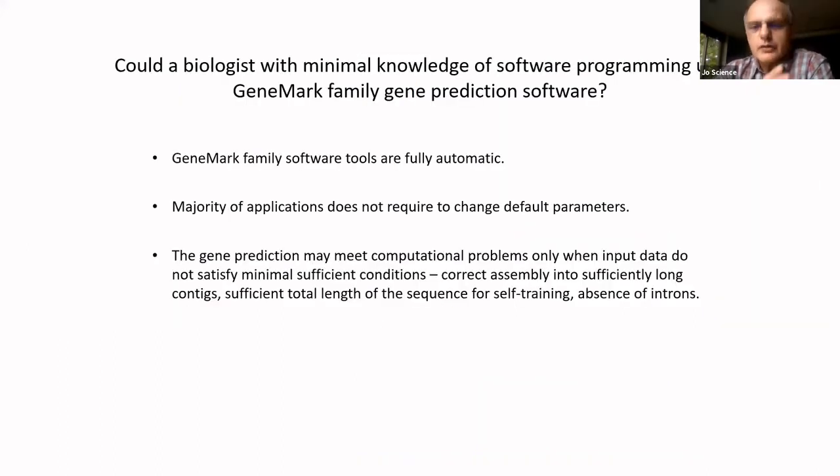Now, when we are talking about the software, there's always the question of how much users should know to efficiently use software. What we're trying to do is to make software completely automatic, in a way that high-level user expertise is not needed, and people could get high-quality gene prediction straightforwardly by running a gene finder.